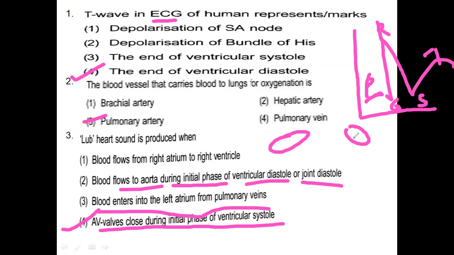This AV valve closes during initial phase of ventricular systole, that is going to produce the sound lub.